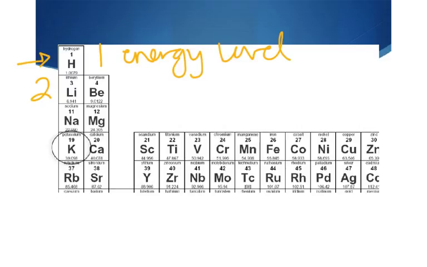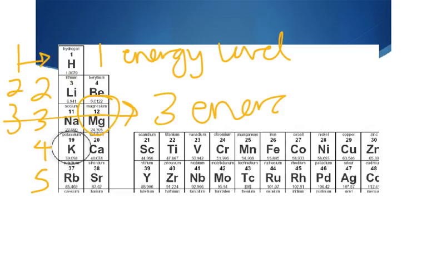This has 2 energy levels, 3, 4, 5, and so on. So if I ask how many energy levels surround a magnesium atom, you would just look at the row number and tell me that it has 3 energy levels. And that goes for any element on the periodic table.